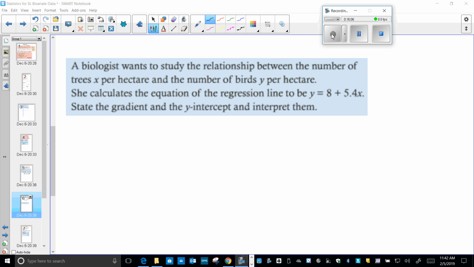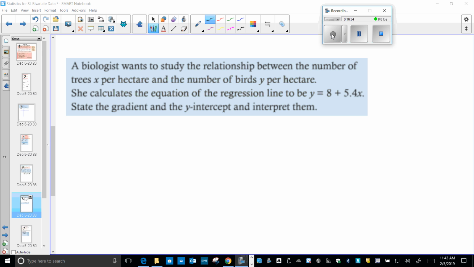Are we happy that she did a quick 180? Trees. So as the number of trees increases per hectare, the number of birds is going to increase. And the number of birds is going to increase by a factor of 5.4 for each new tree.